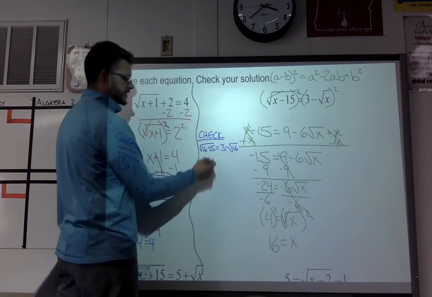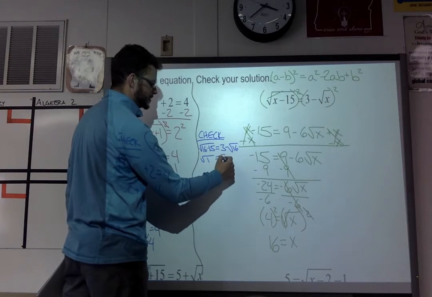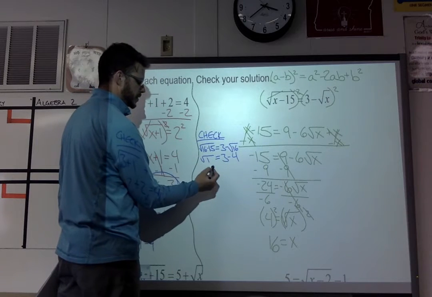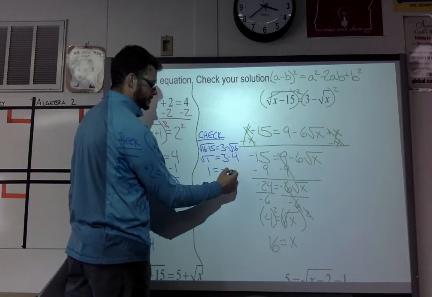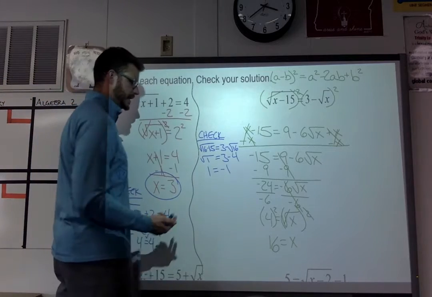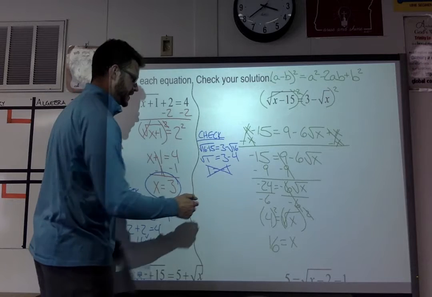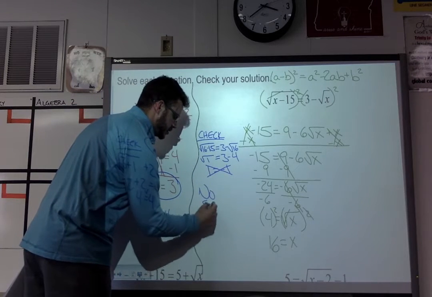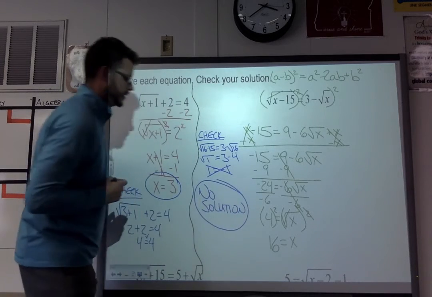So the square root of 16 minus 15 gives me the square root of 1 equals 3 minus the square root of 16, which is 4. Square root of 1 is 1 equals negative 1. Now here, 1 equals negative 1. That does not work, so we would say this is an extraneous solution. So our answer would be no solution in this case.